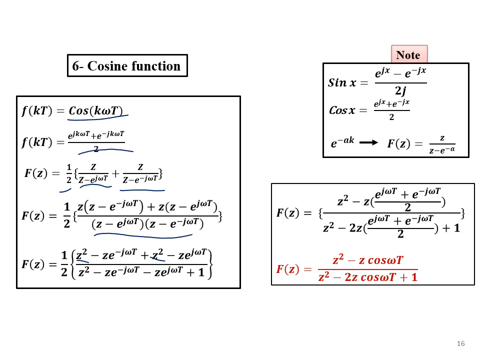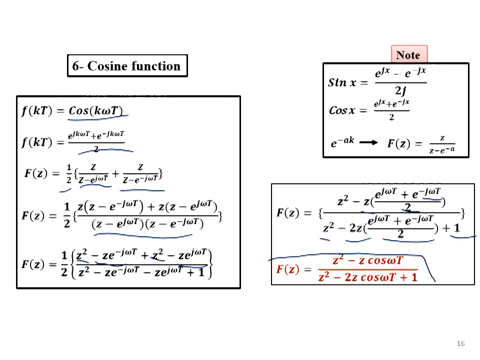Also for negative z e to the power j omega T and z e to the power negative j omega T, we have z as a common factor, times e to the power j omega T plus e to the power negative j omega T divided by 2. The denominator is z squared minus 2z times the same bracket as the numerator, plus 1. Then we substitute for the cosine: z squared minus z cosine omega T divided by z squared minus 2z cosine omega T plus 1.